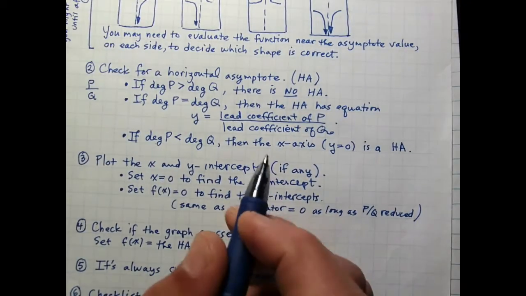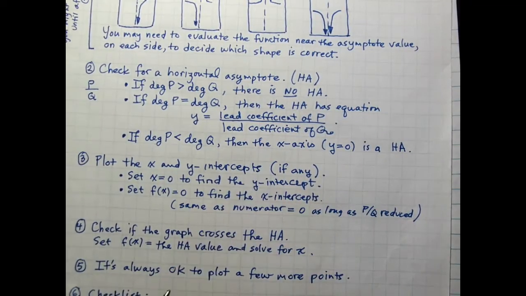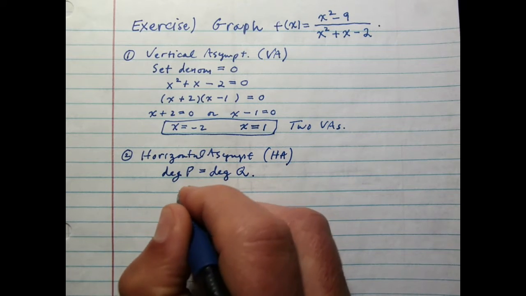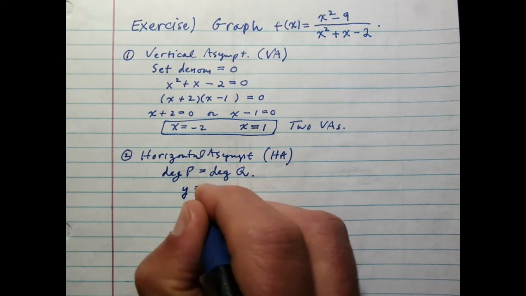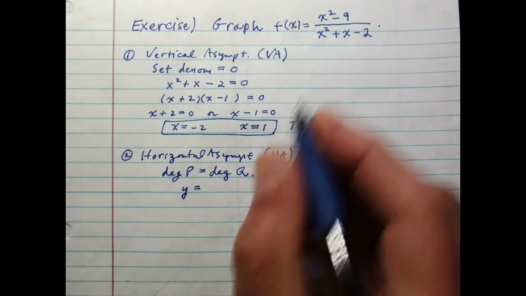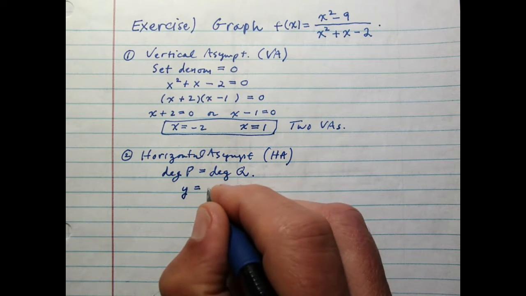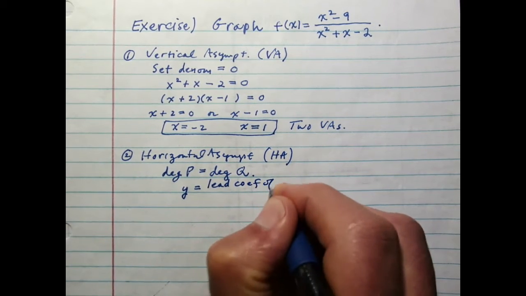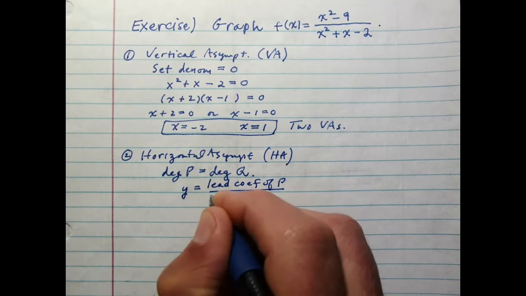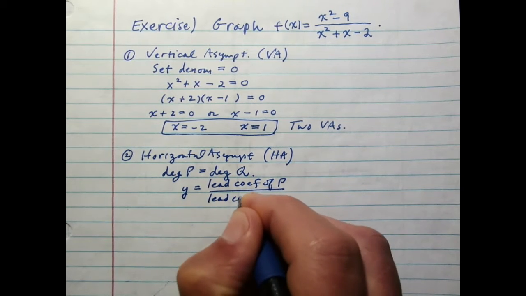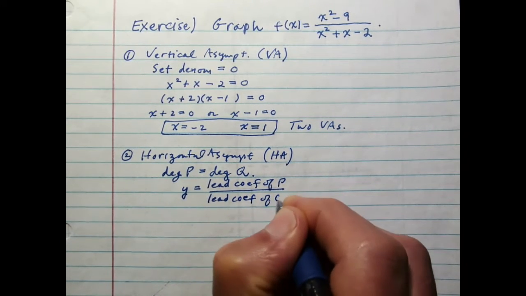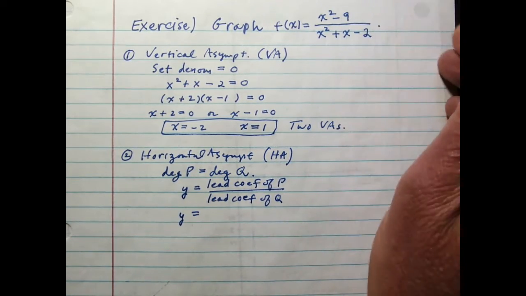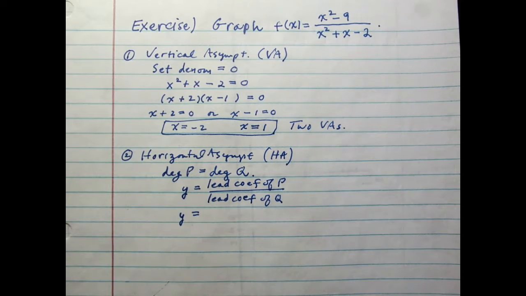So you can just use this formula for the horizontal asymptote equation. The horizontal asymptote equation is going to be y equals the lead coefficient of P over the lead coefficient of the denominator Q. And so here, those are both 1, right?